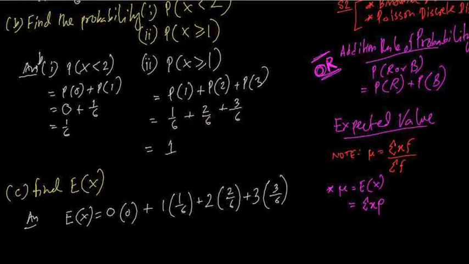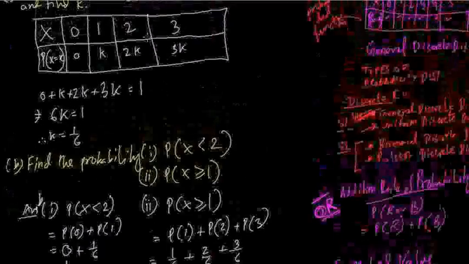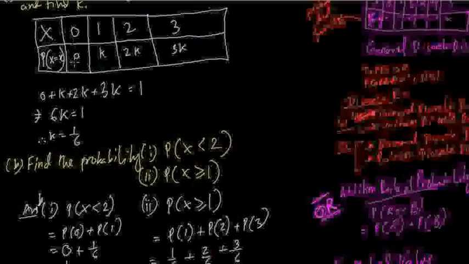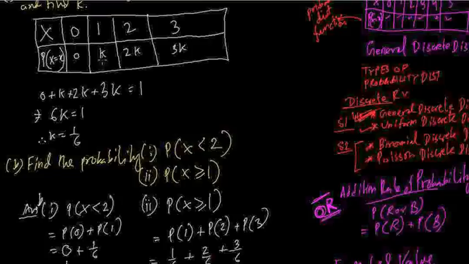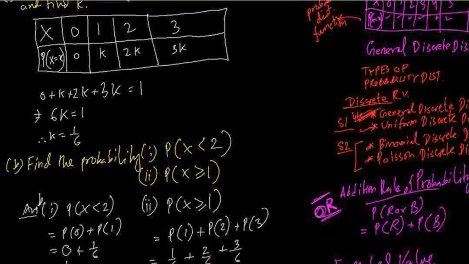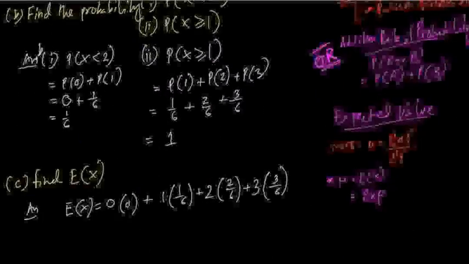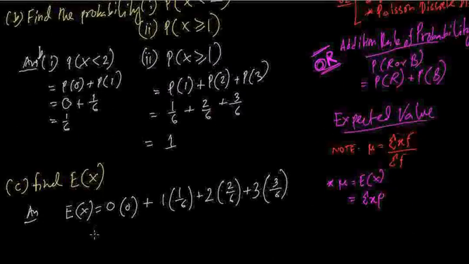We can take a look at the table. Yes, so random variable into probability, 1 into k, meaning 1 into 1 by 6, 2 into 2k, meaning 2 into 2 by 6, 3 into 3k, meaning 3 into 3 by 6. So this is how it works. So when we have this, we can add it up and find the expected value.